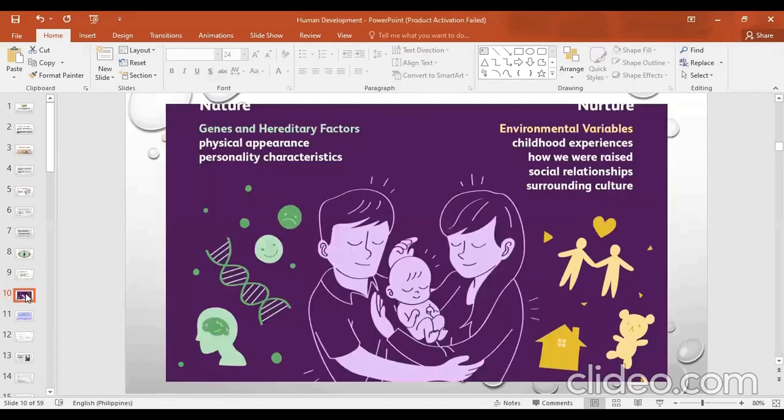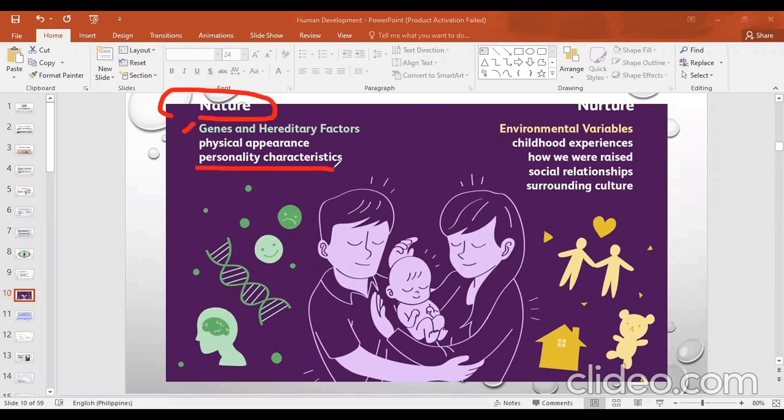So ano nga ba pag sinabi nating nature and nurture? Hindi porket sinabi nating nature, that is an environment. No? When we talk about nature in psychology, it is something to do with genes and hereditary factors, physical appearance, personality, characteristics.